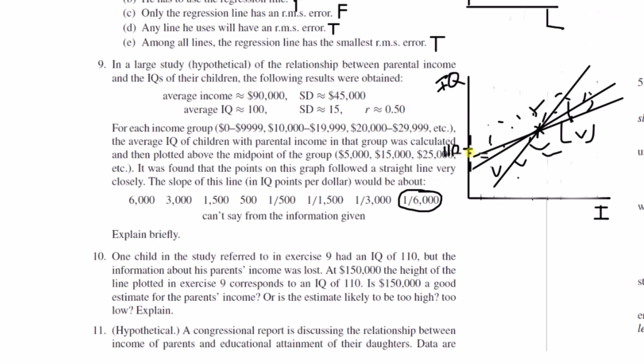So for the 110 here, they're saying we lost information about the income of the parents, right? But we know the IQ. So they're asking, could you use this as a prediction for the income of the parents? And yeah, I guess you technically could, but the best estimate, if you're going to make an estimate, would be this. You go to this regression line.